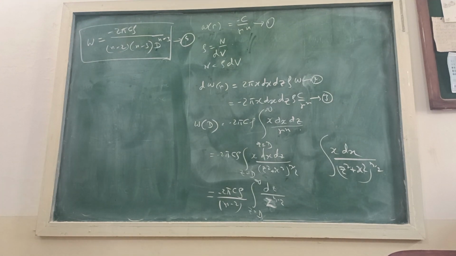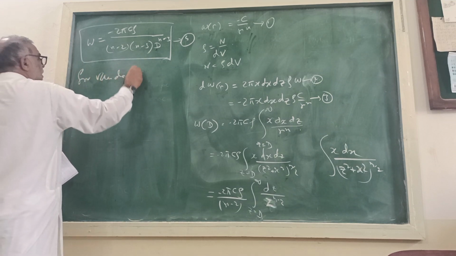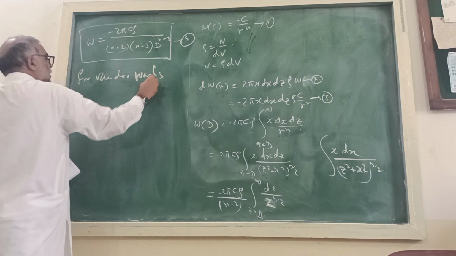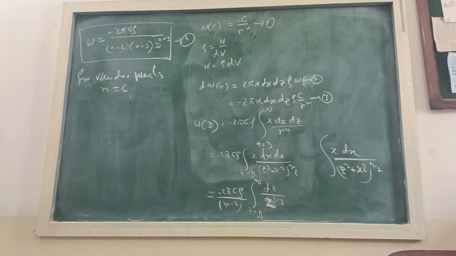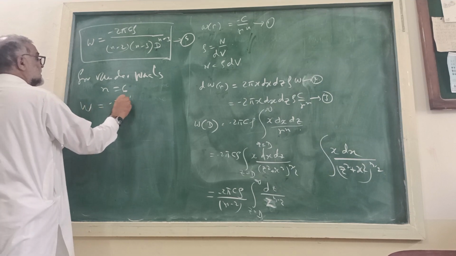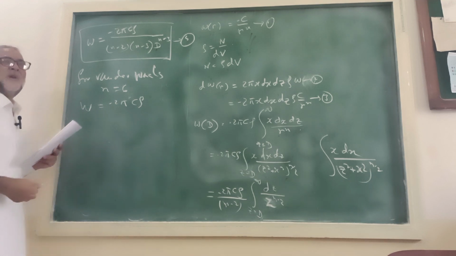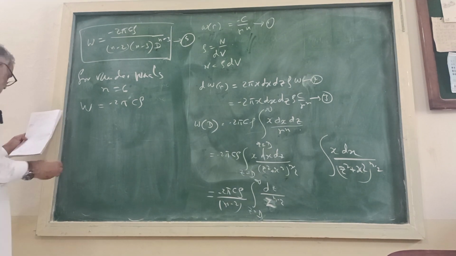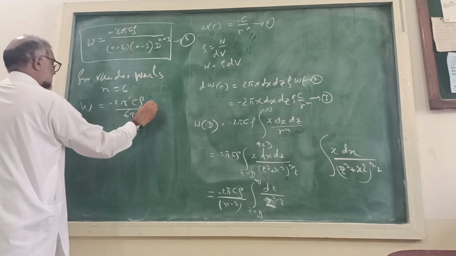For equation 4 we consider van der Waals forces. So for van der Waals, n is equal to 6. So W will be equal to minus 2 pi c rho, where rho is the number density, the amount of molecules per unit volume, and here it will be 6 d cubed.